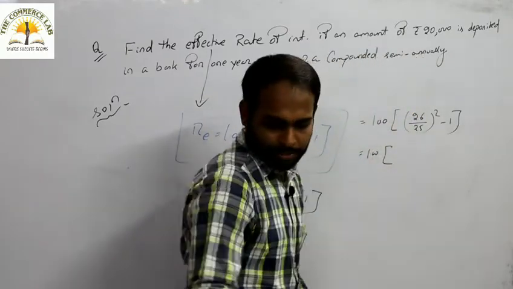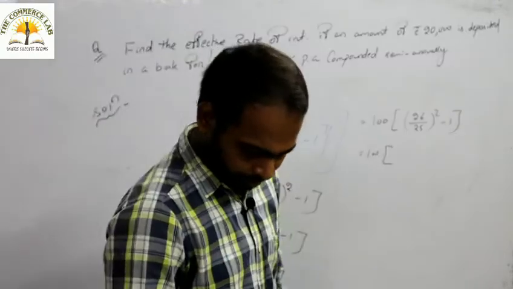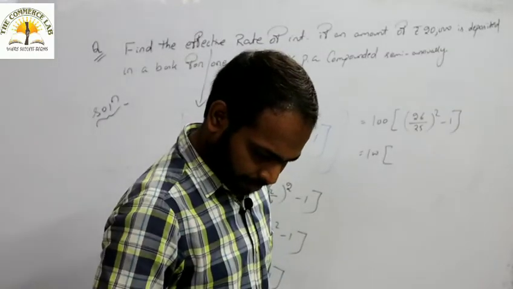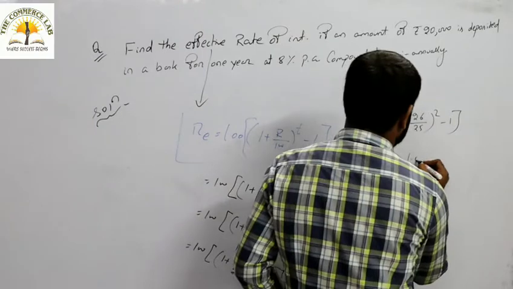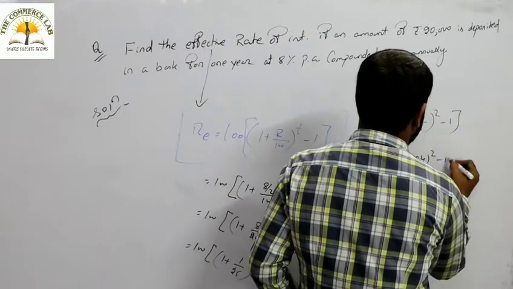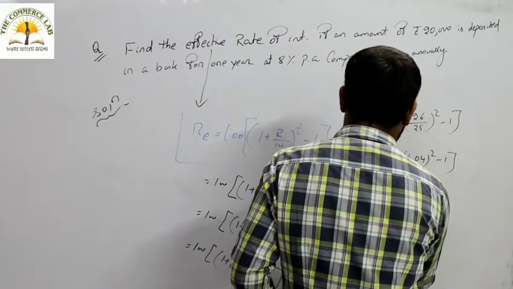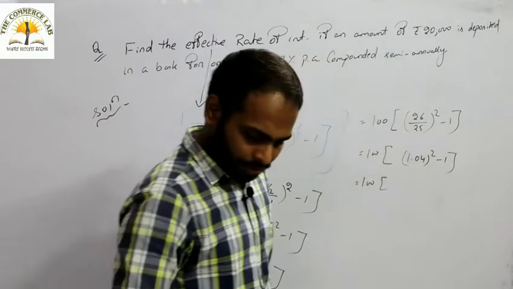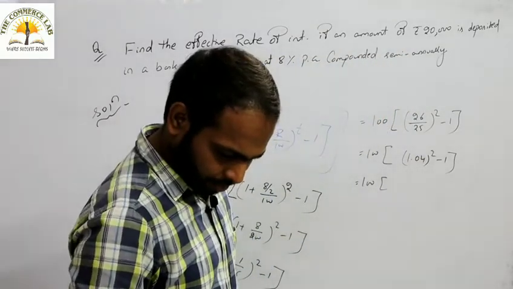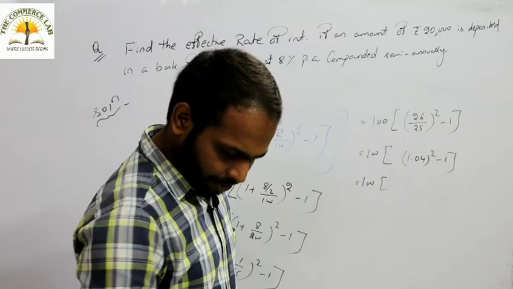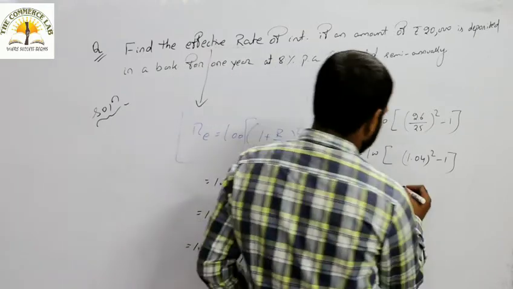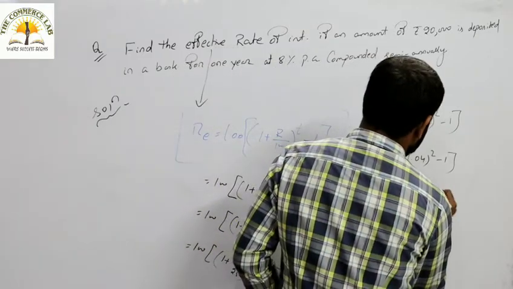So 26 by 25 is 1.04. So 1.04 multiplied by 1.04 is 1.0816 minus 1.